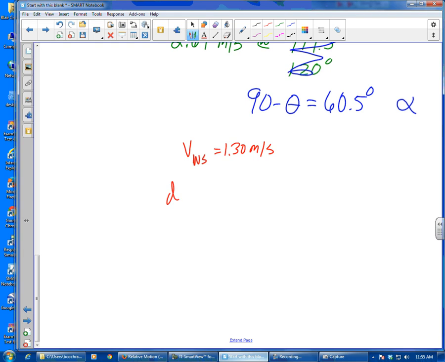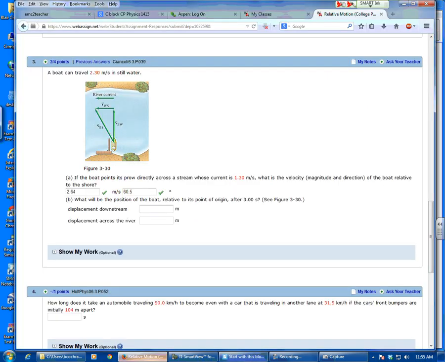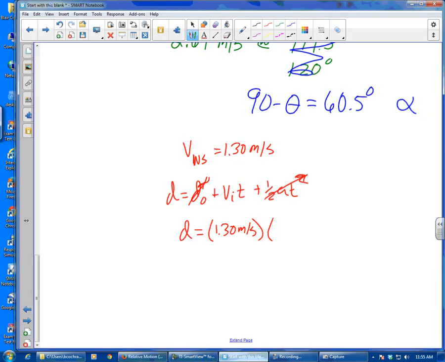I'm going to use my good old equation d equals d naught plus v initial t plus 1/2 a t squared. No acceleration. D equals 1.30 meters per second, and I move at that speed for 3 seconds. So I get a D of 3.90 meters.